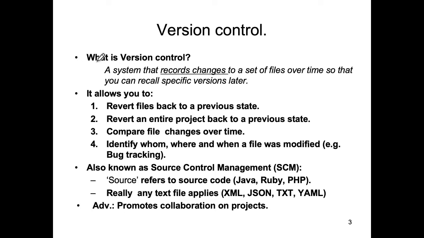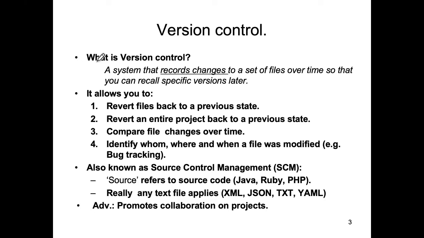Now, that's where version control systems originated, admittedly, which is why this area is also known as source control management, as in managing and controlling the changes that are happening to source code. But we can use version control systems for any type of text file or any type of file, really, but mainly text files.